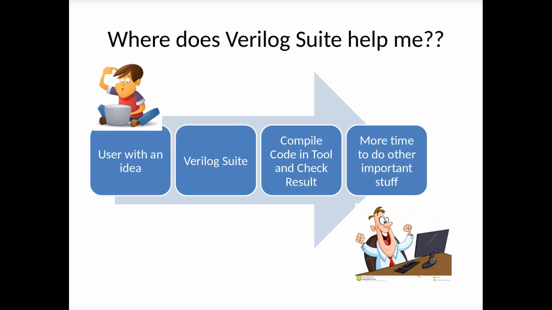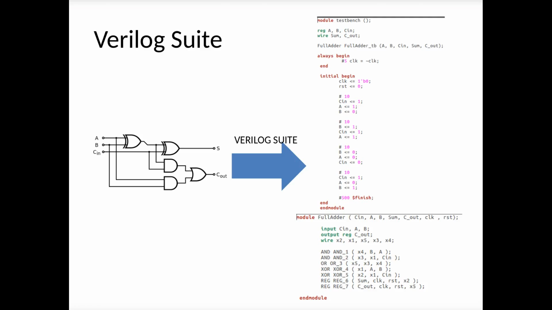So where does Verilog suite help a user? Verilog suite comes in between the user's idea and using the compiler. It removes the dependency of a user to know Verilog or VHDL to convert his idea from a graphical representation and check its result. So let's say we have a circuit that is a full adder, shown on the left.